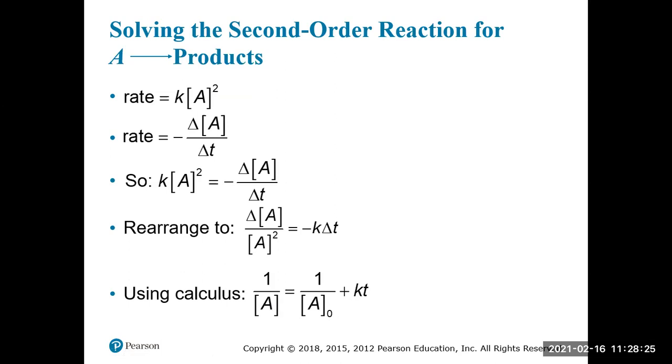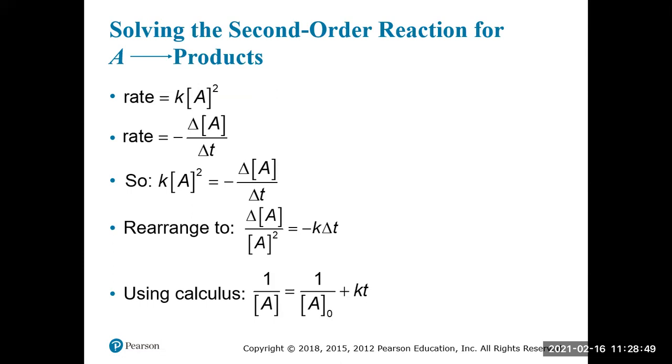What's interesting about this is if we plot 1 over A on the Y-axis and T on the X-axis, we should get a straight line. And the other thing we would know from that is if we get a straight line, then the slope of that line is equal to K, the rate constant.